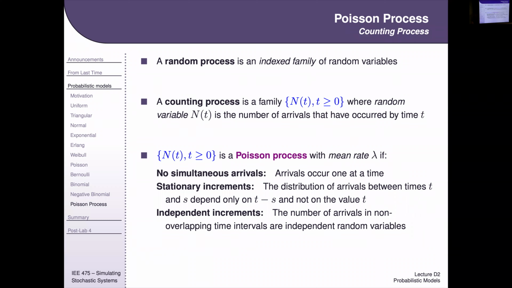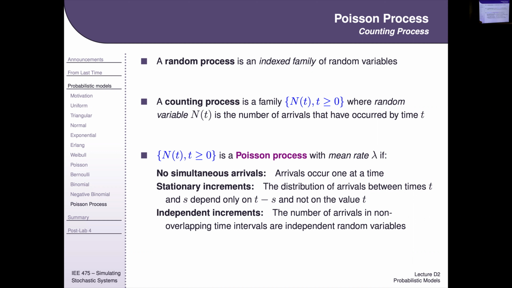And in this class and in classes like 470, you'll focus on the Poisson counting process, or just shortened to the Poisson process. The Poisson process is a special counting process where there are no simultaneous arrivals. They occur with probability 0. There's what they call stationary increments.